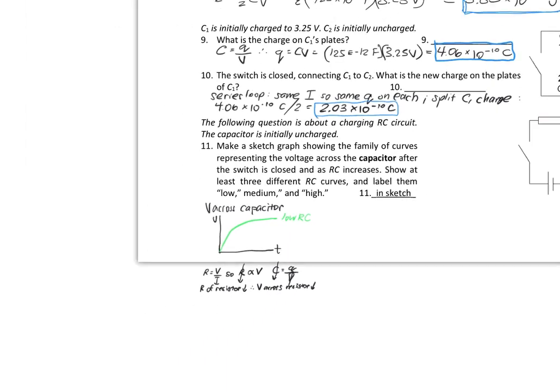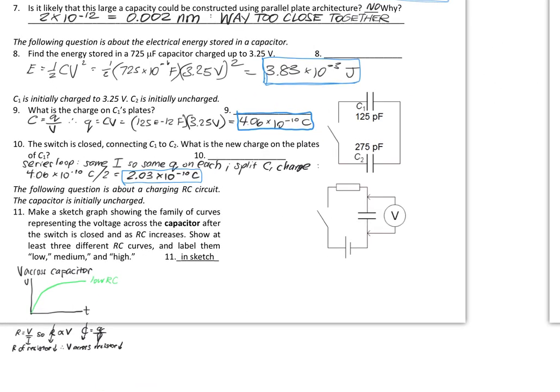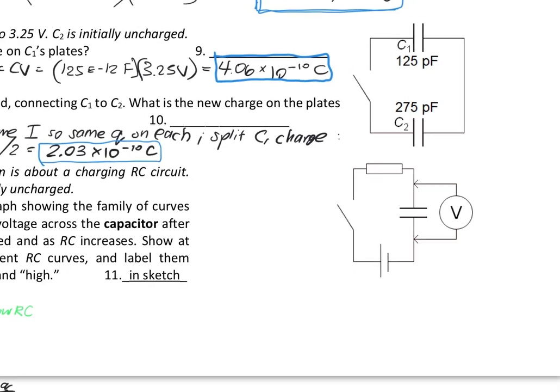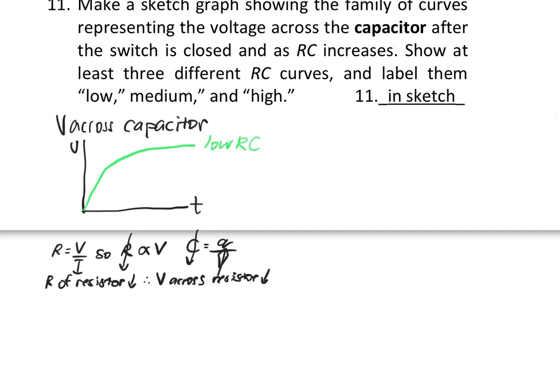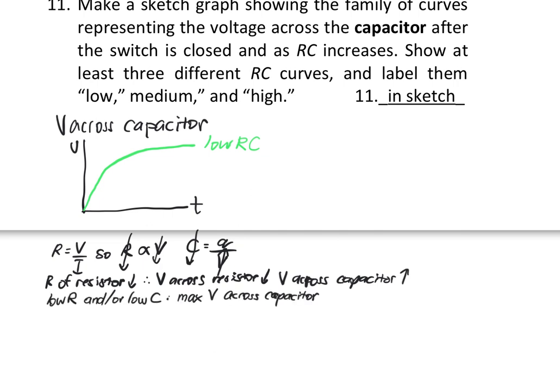And since the resistor and the capacitor are in series with each other, the voltage across the resistor is low, so the voltage across the capacitor is therefore high, because the resistor and the capacitor share the available voltage. So if the resistance value is low and or the capacitance value is low, then that's the maximum value across the capacitor.